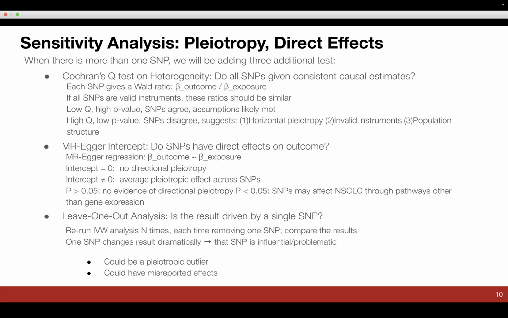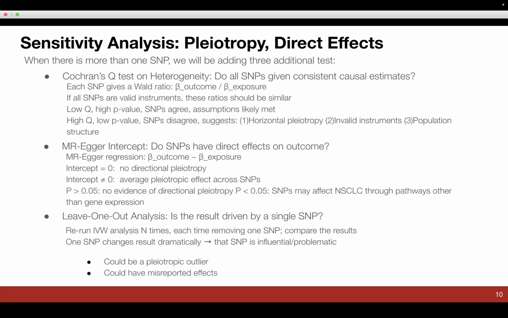We'll also be doing the MR-Egger intercept. Basically, what this does is check whether SNPs have direct effects on the outcome. We will perform a regression of beta outcome on beta exposure and check two things. The first one is the intercept. The second one is the test statistic. If the numerical value of the intercept is 0, that says there's no directional pleiotropy.